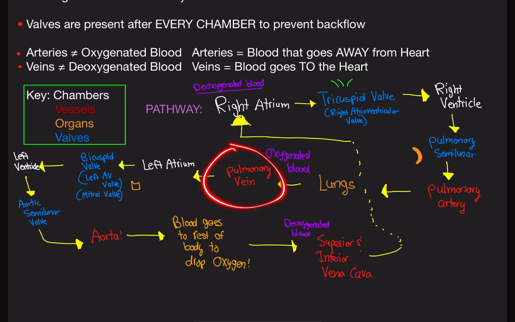We have the pulmonary vein that takes the blood from the lungs, where we just picked up oxygen, back into the heart. Then you have the aorta, which pumps that oxygen-rich blood all over to the body so we can feed our body. And it comes back in a deoxygenated form through the superior and inferior vena cava.